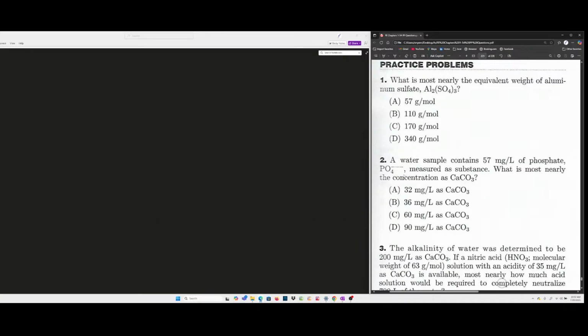phosphate, and once we have the equivalent weight of the phosphate, we're going to find the concentration of CaCO3. The concentration of CaCO3 is going to be C as CaCO3, okay? Because that's what we're looking for.